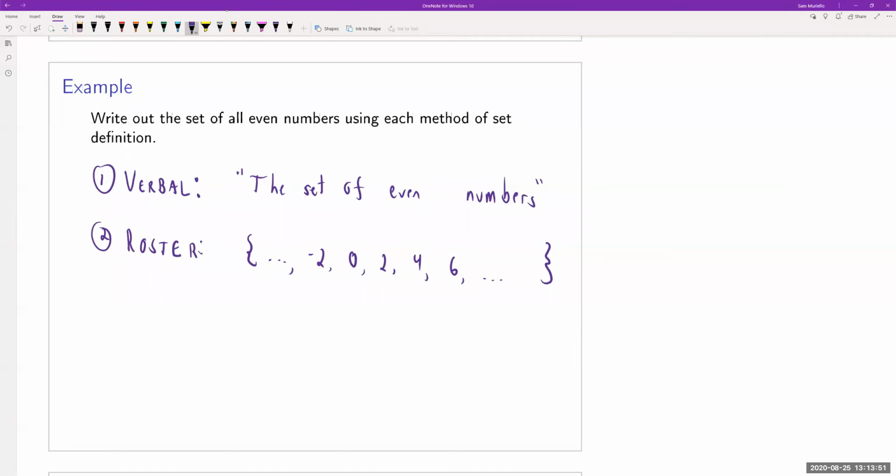So in this case, the set builder method is particularly powerful. And when using the set builder method here, what I'm going to do is I'm going to say I first need to describe the type of thing that I'm going to have.